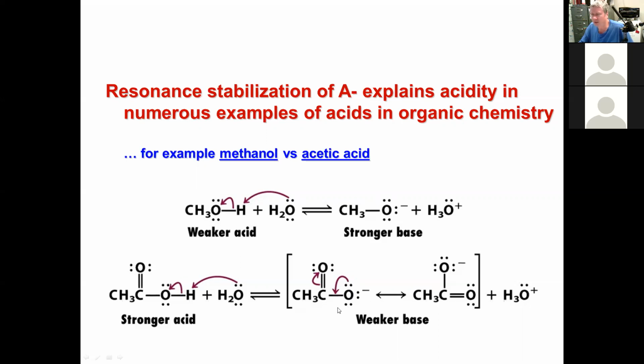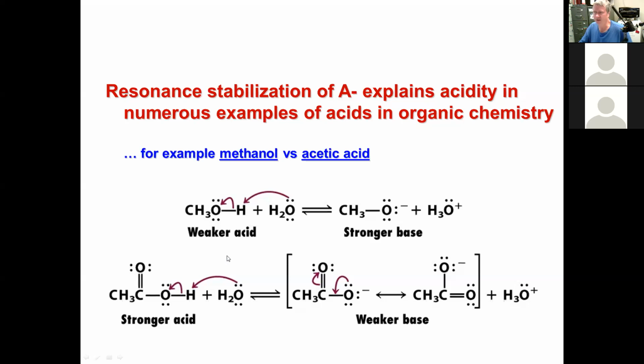These two resonance structures of acetate. Okay, so this is stabilized. That's what I was trying to say. Resonance stabilization of A minus explains acidity. So this is a resonance stabilized species, and what's the net effect? This has a lower pKa, 4, 5, right, versus 15. Okay.